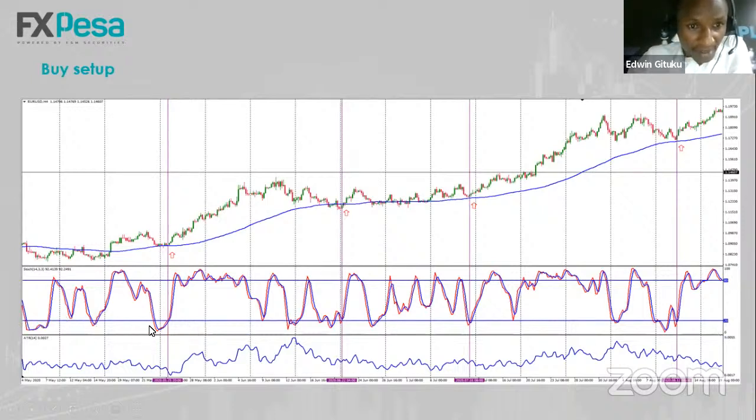So when the price is at the lower extreme, at a level below 20, and the closer it is towards the lower extreme, so the more these two lines are way below level 20, or close to 0, then it means that the state of that asset is likely to be oversold.